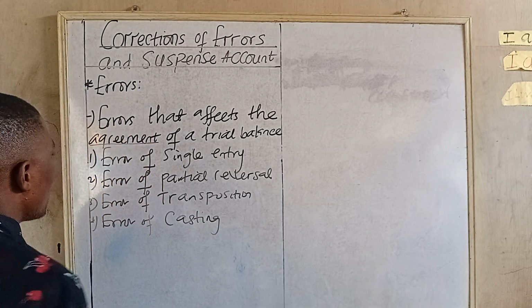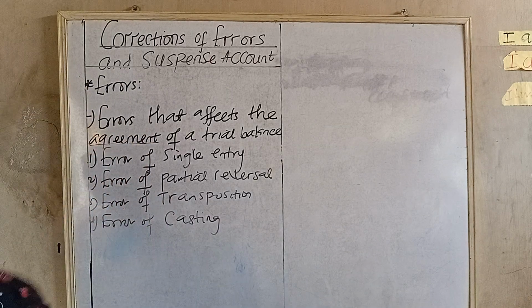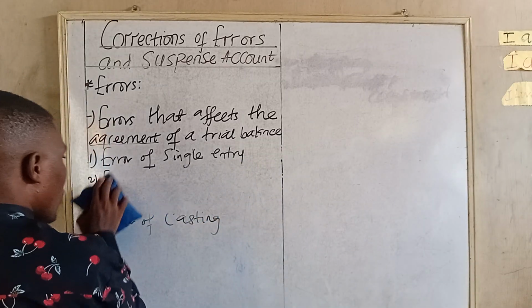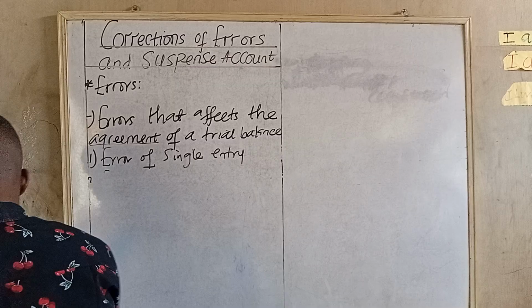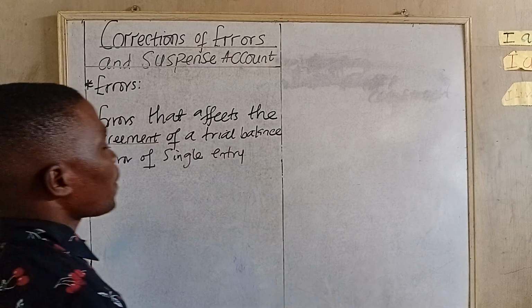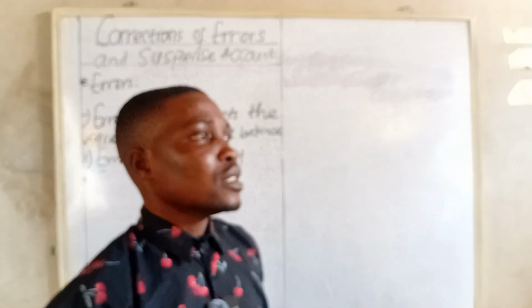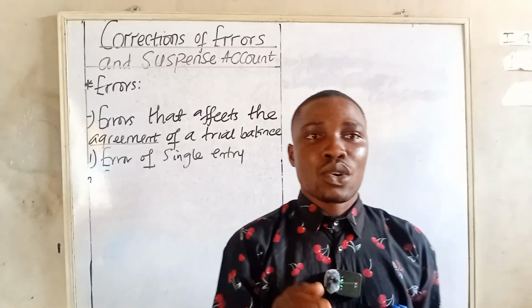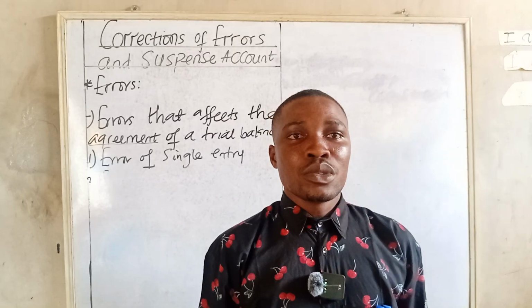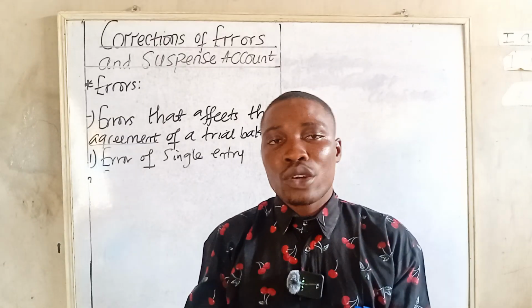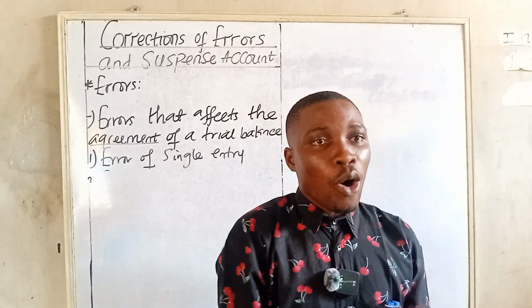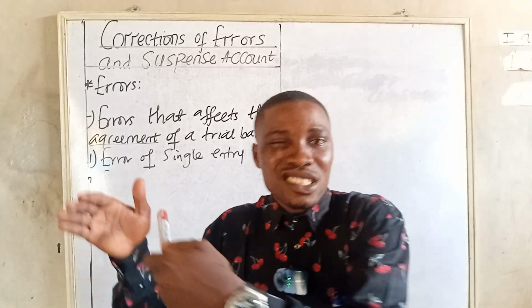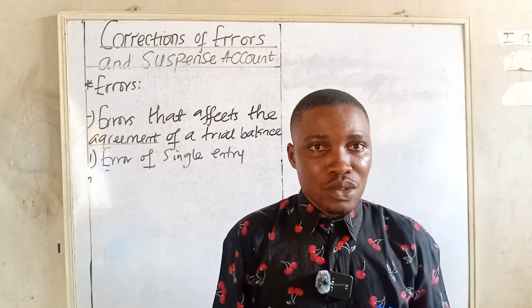Now, let's explain it one after the other. The first one we'll be looking at is error of single entry. What do we call error of single entry? These are errors that occur when you record just one side of the transaction, then you forgot to record the other side of the transaction.